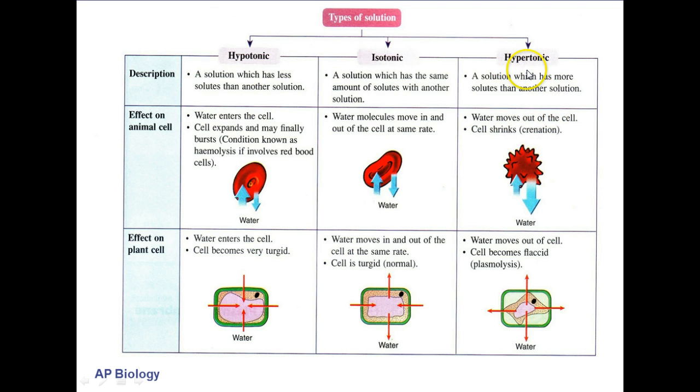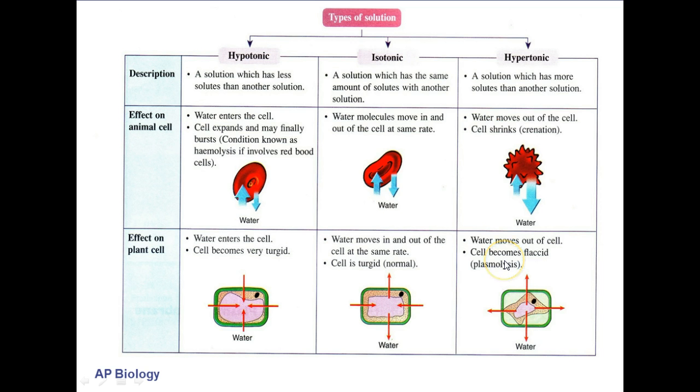So get that in your notes as well. So in a hypertonic solution, salty water, less water on the outside than on the inside, water moves out of the cell and the cell shrinks. Now the same thing happens to a plant cell, and this would happen at night. And now what happens is water moves out of the cell and the plant cell becomes flaccid. There's the word, flaccid, F-L-A-C-C-I-D.